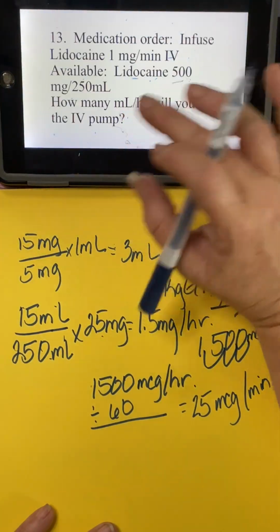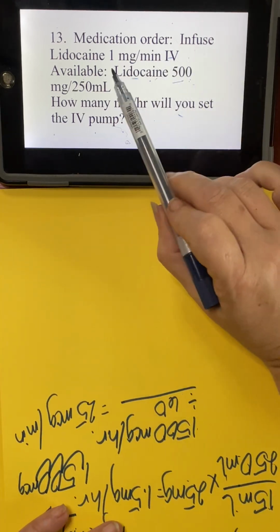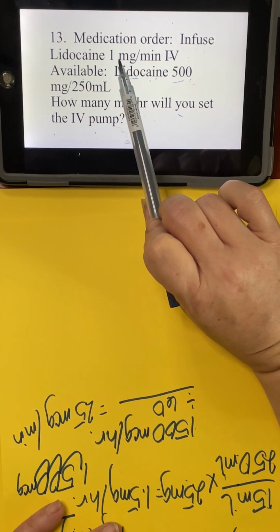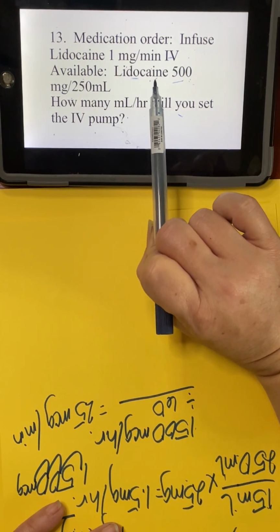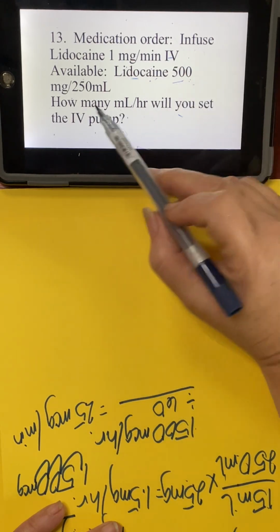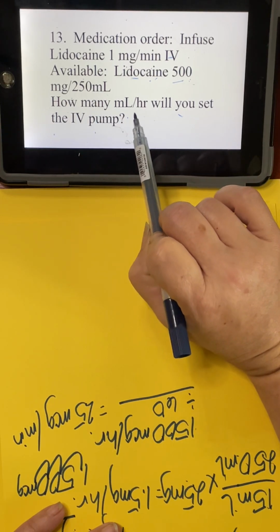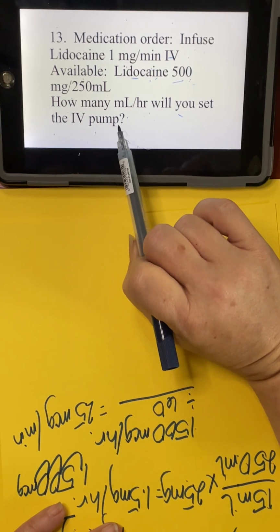All right, pray for this iPad. All right. This next one is infuse lidocaine 1 milligram per minute, IV. Available is lidocaine 500 milligrams in 250. How many milliliters an hour will you set the pump?